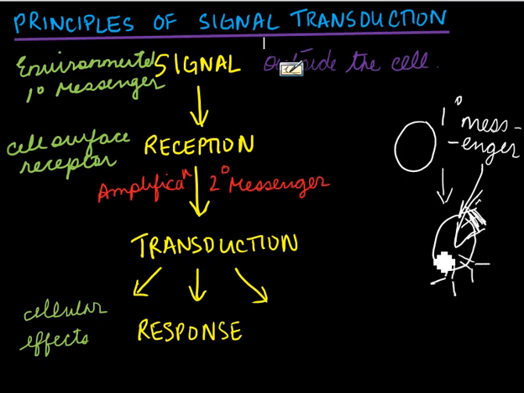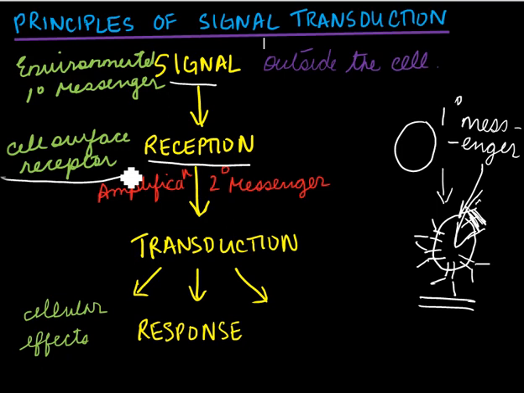All cell membranes have receptors on them, so it will find the right receptor, and then the binding of the primary messenger to the receptor will lead to changes inside the second cell that needs to react, and it will go about doing whatever it needs to. So you have your signal, then the signal needs to be received. So the signal is outside the cell, the reception is on the cell surface receptor.